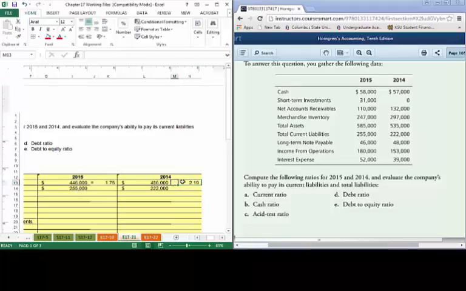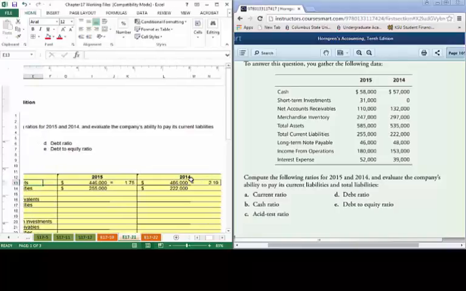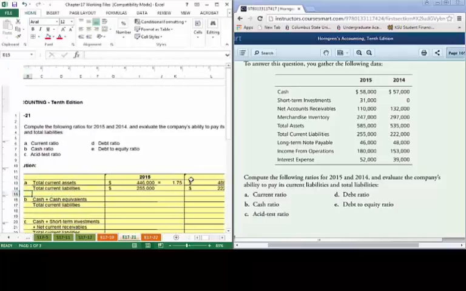All right, so it's 2.19. I don't know why this isn't working the first time. 2.19. Okay, we'll do the same thing for B.